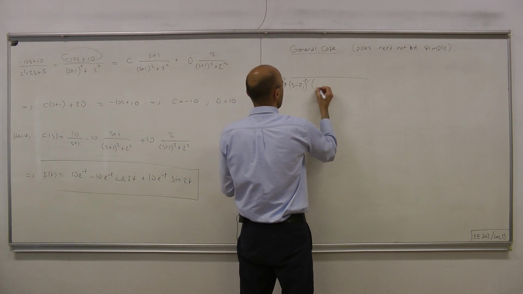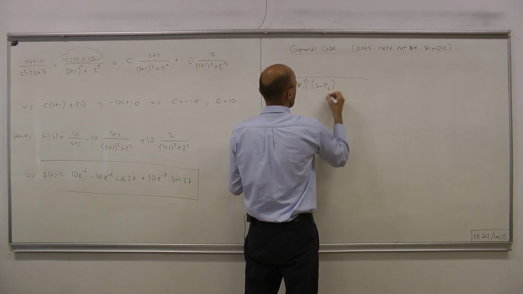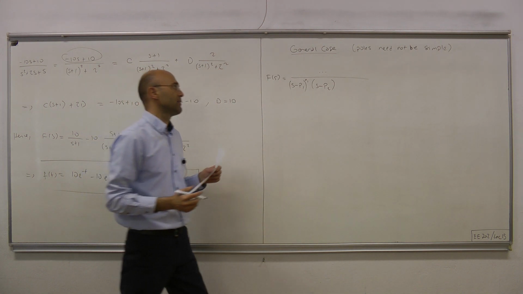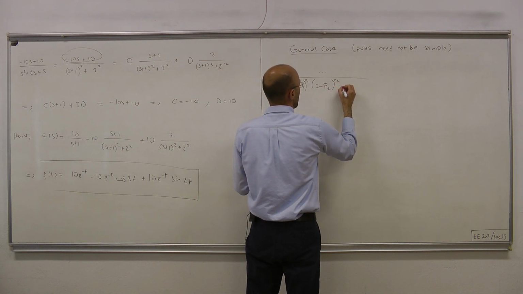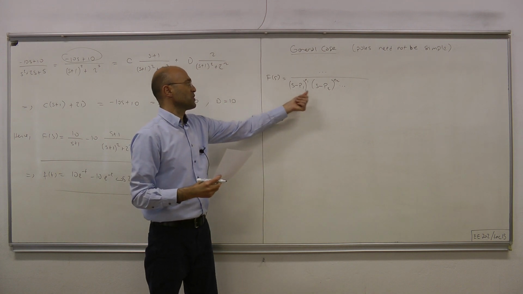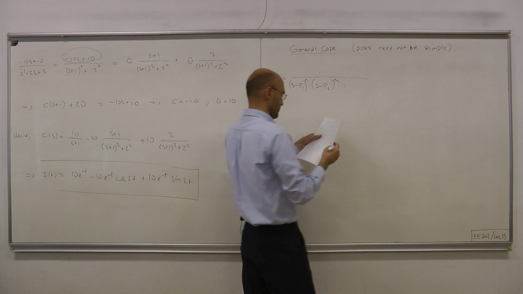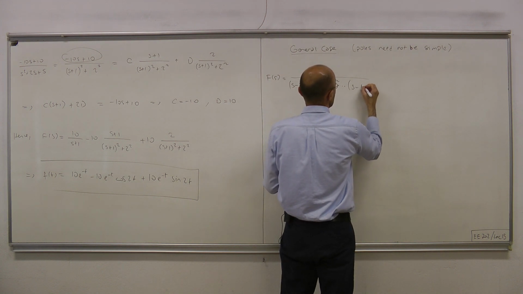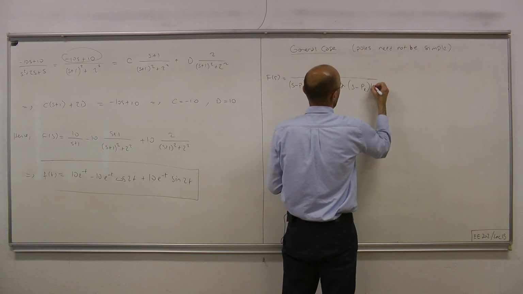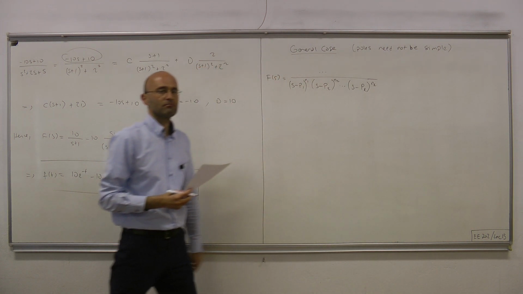And then we have a pole at P2 repeated N2 many times, and so on. Okay? If they are simple poles, clearly N1 would be 1, N2 would be 1, and so on. (s minus PL) repeated NL many times.